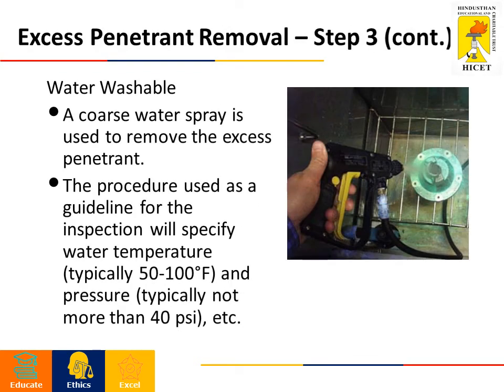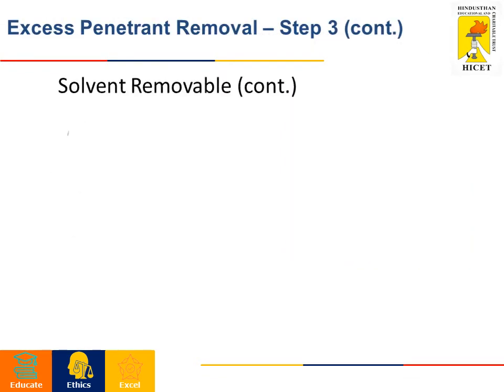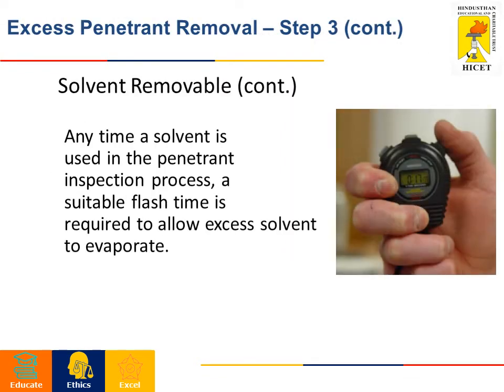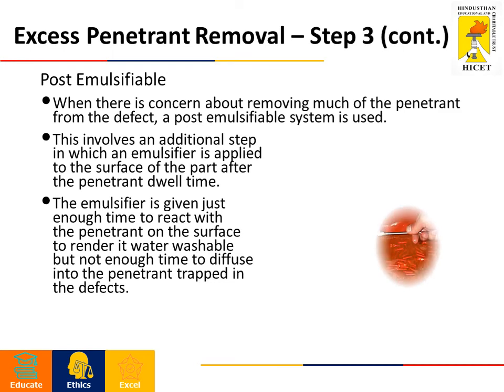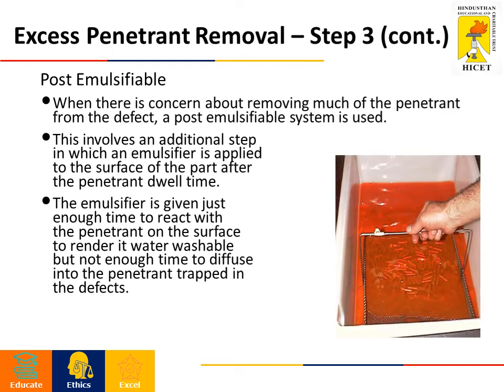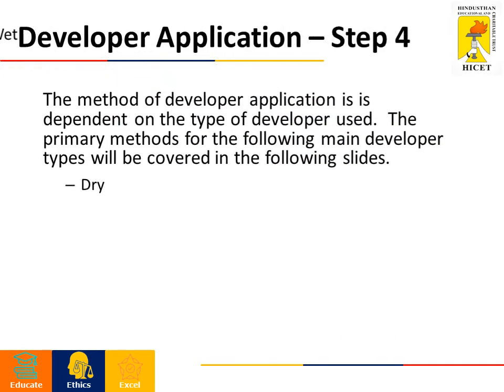Water washable is the normal process, and for solvent removal we have to wait a few seconds for it to enter the defective area. Post emulsifiable. After that we remove the excess and apply the developer, using dry, wet, or non-aqueous wet. These are the following developer types.